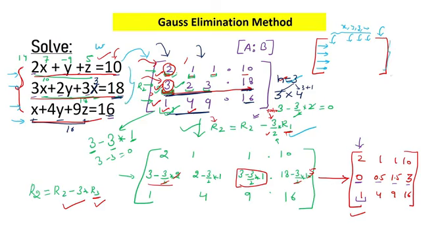So the size of that augmented matrix will be 4 multiplied by 5. That means for n equal to 4, this will be the size of the augmented matrix. So this can be said as n, and this is n plus 1. That's why I have taken the size of the augmented matrix as n by n plus 1.